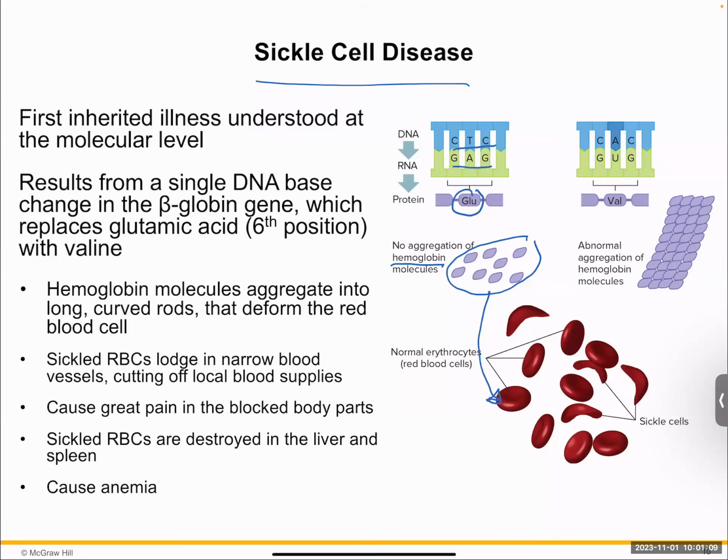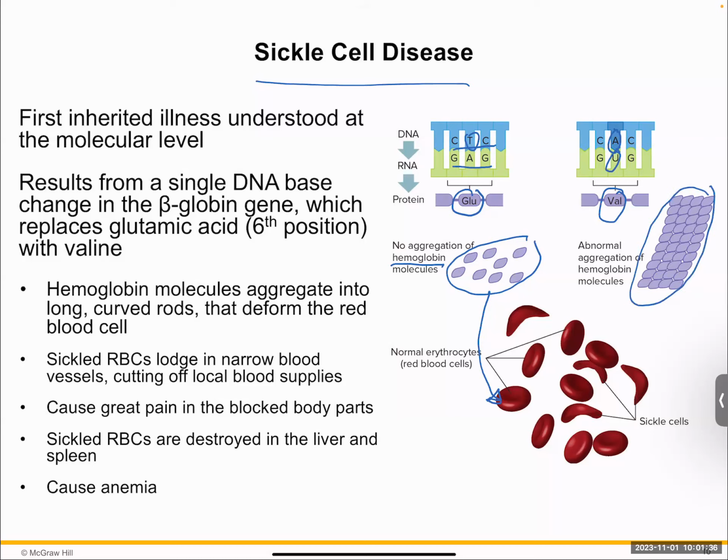Now, if we replace the T in the middle with a letter A, so replacing a thymine with adenine, then your mRNA sequence is changed to have a uracil, and it now encodes for a completely different amino acid called valine. Because of the presence of valine, those hemoglobin proteins inside my red blood cells are now going to form aggregates.